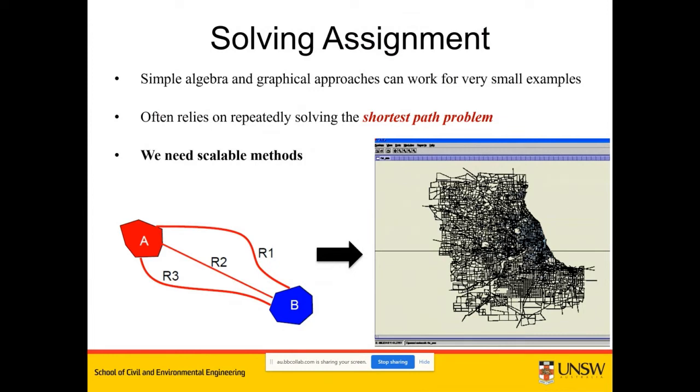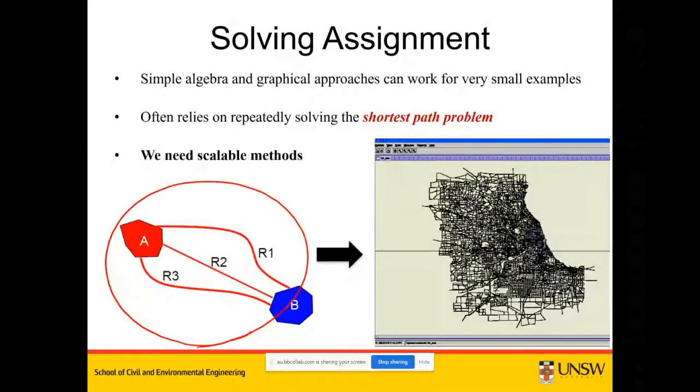But the problem with the incremental loading is, how will you apply that? It's okay for a 3-path network or even a 4 or 5-path network, but as the size of the networks gets very large, like in real cases, like this is Chicago's network. If you look at the Sydney, Melbourne, or Beijing network, it's very huge.